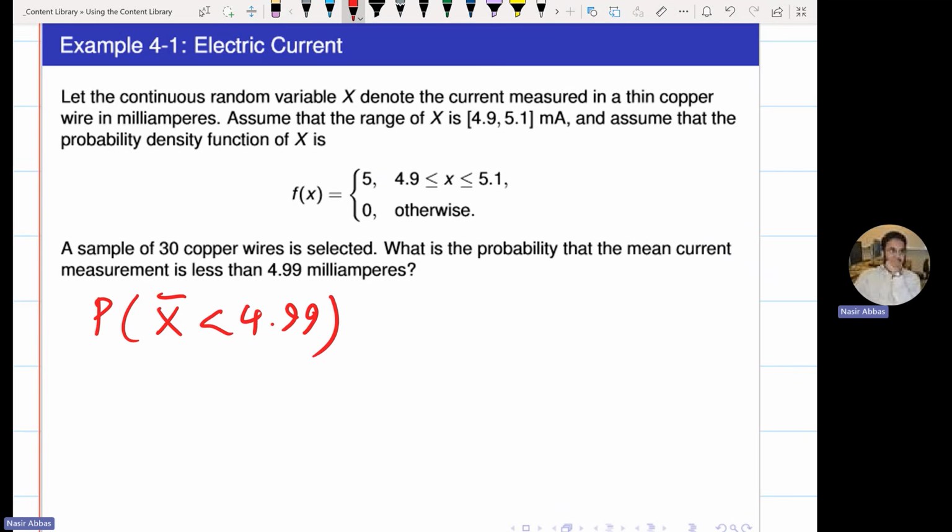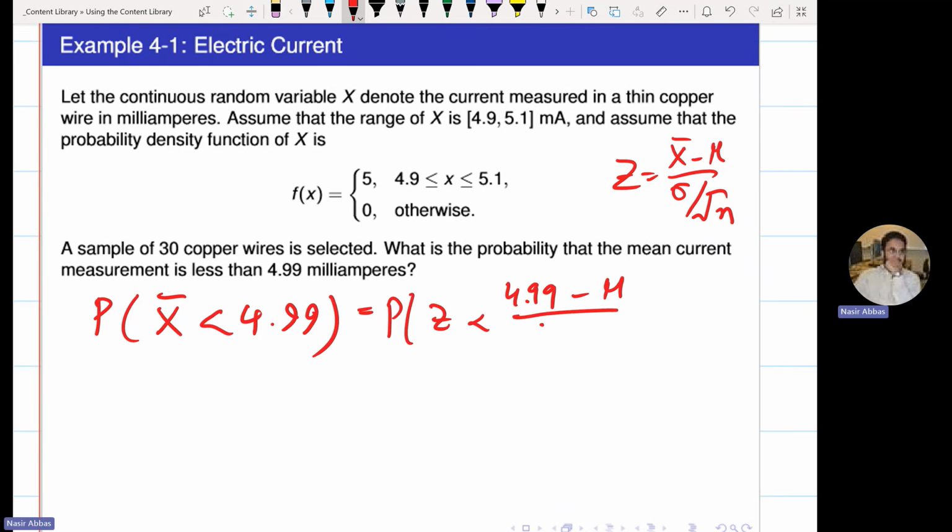How will you find this probability? Again, standardize it. Any question about X bar, you will use this. Probability of Z less than 4.99 minus mu divided by sigma over root of 30.